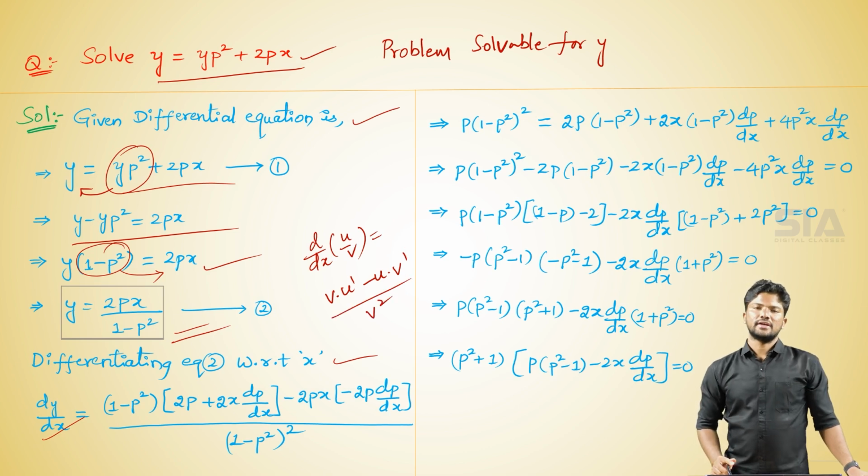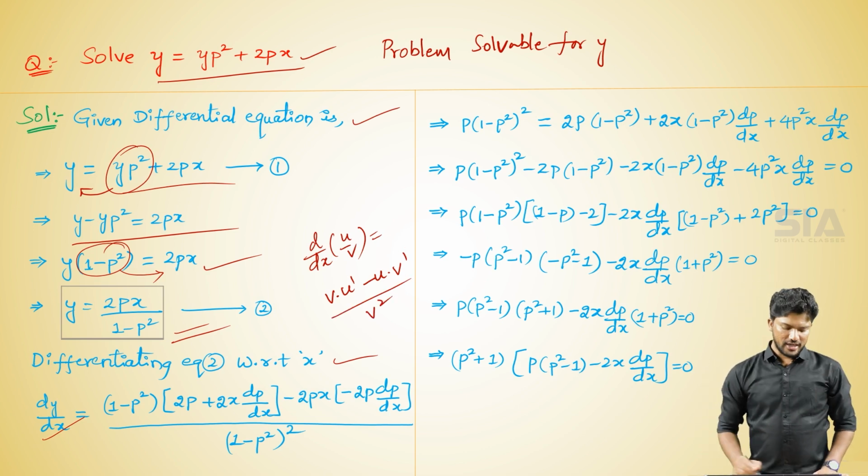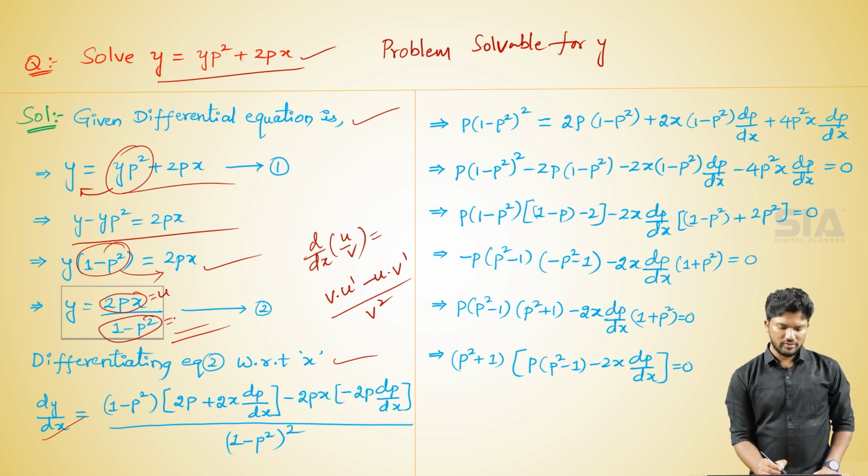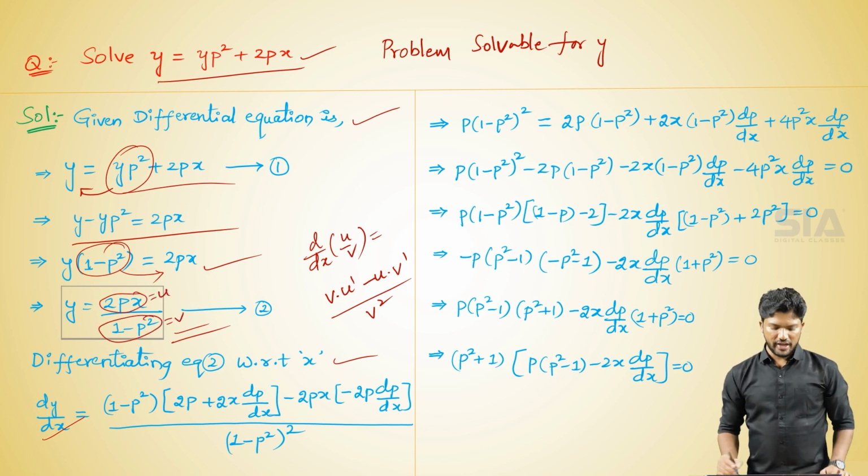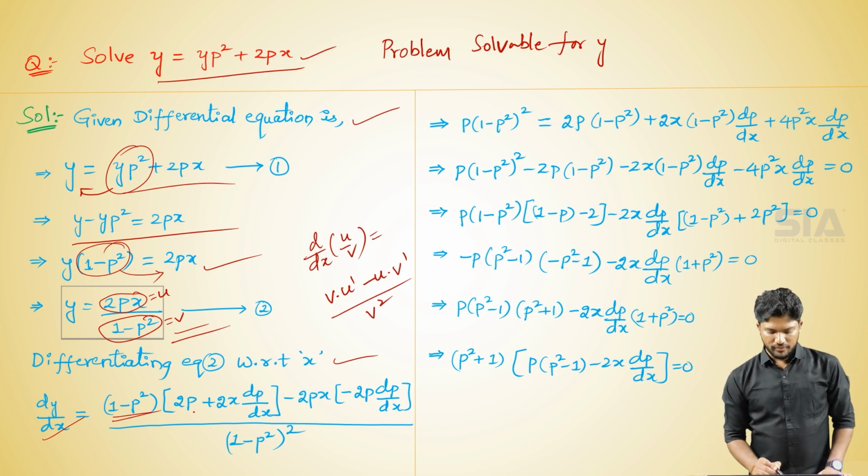Now by using that formula here, the numerator value you take as u and the denominator value you take as v. V into u dash: write down the v value, 1 minus p square, into u dash.